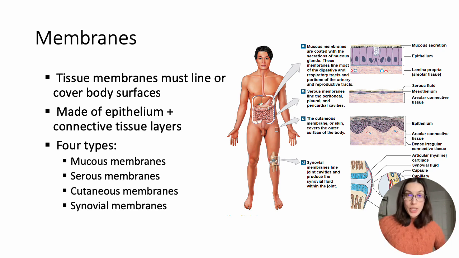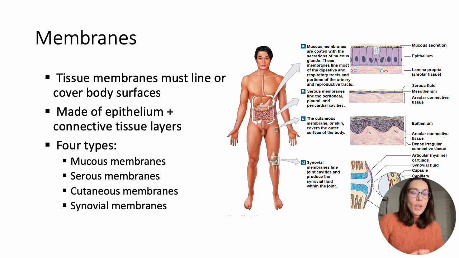However, on a larger scale, when we're talking about body organs or organ systems, membranes means a kind of flattened protective sheet of something. Okay? And these are made of epithelial tissue of some kind plus connective tissue layers. There can be more or less connective tissue.